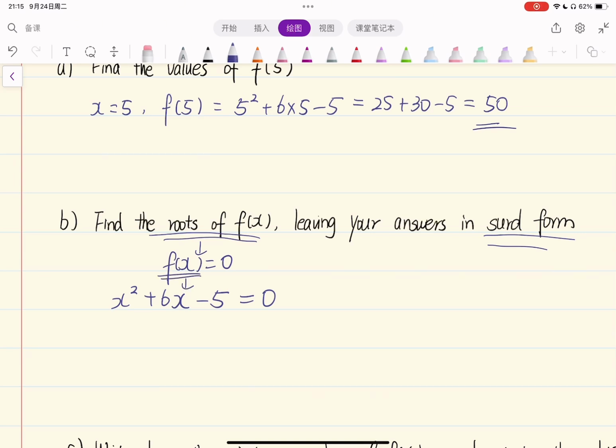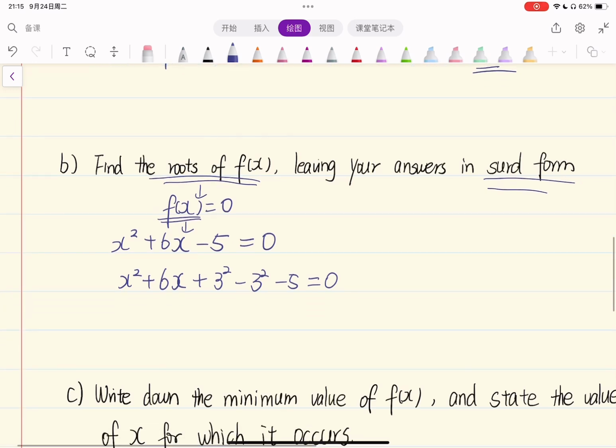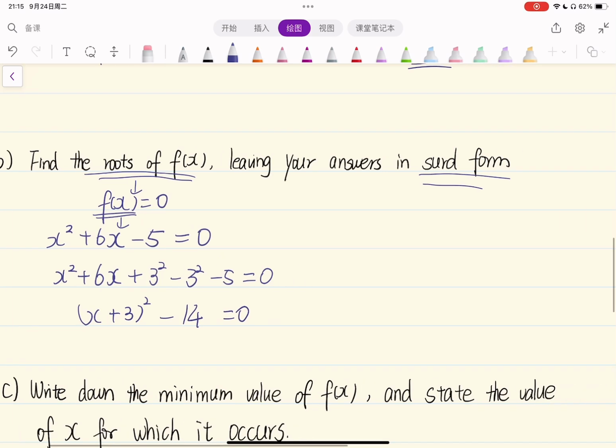x squared plus 6x minus 5. We solve it by completing the square, which I have taught in the previous video. We have x squared plus 6x plus 3 squared minus 3 squared minus 5 equals 0. So (x plus 3) squared minus 14 equals 0.